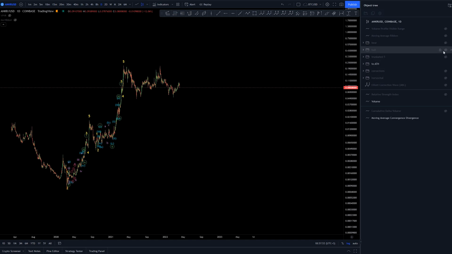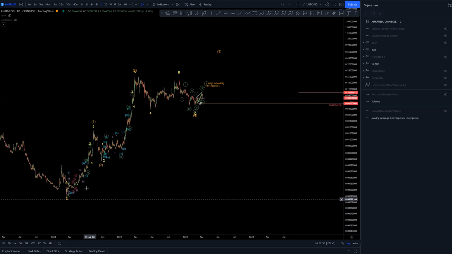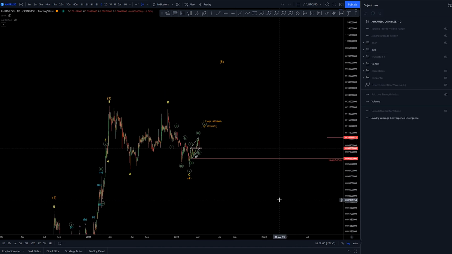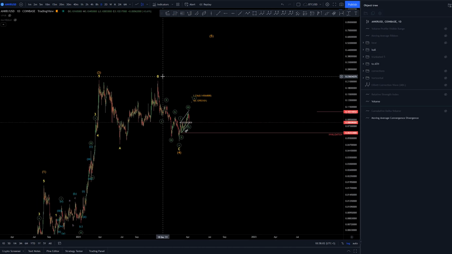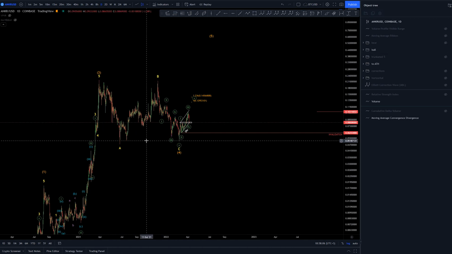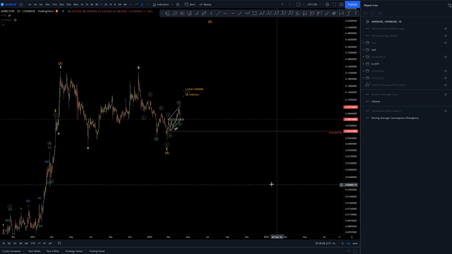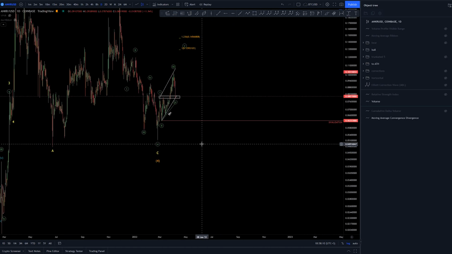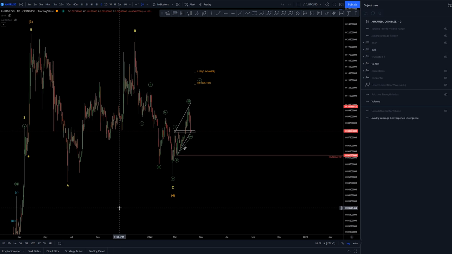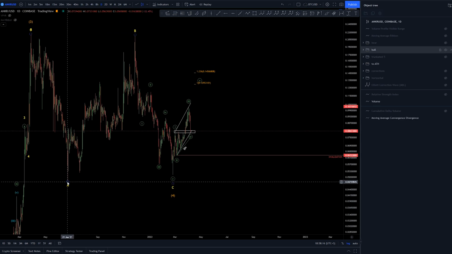is this bull count. Again 1, 2, 3 up to here, and this would be just another A, B, C, creating a flat pattern. Now the thing here is that we haven't gone across this A, which is kind of likely on flat patterns.